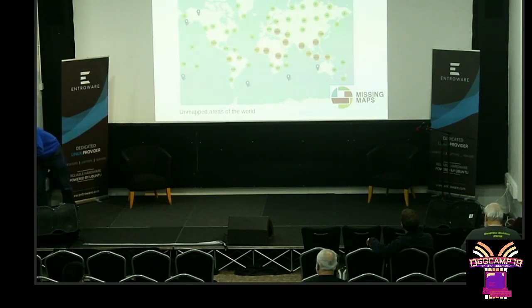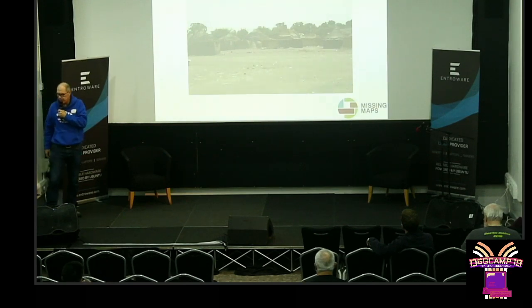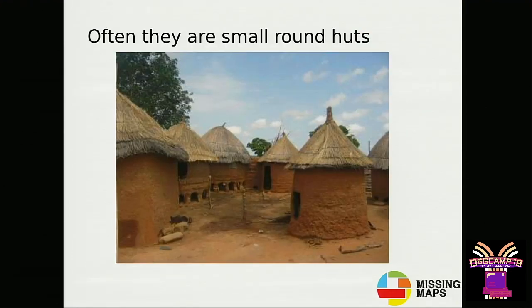So, just a couple of odd pictures here I'm going to show you. This is Northern Africa. This is a typical village. Mud huts, closely clumped together. Sometimes they're smaller than that, they're round huts, like this is quite common.